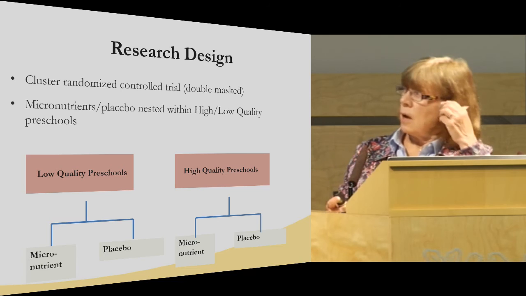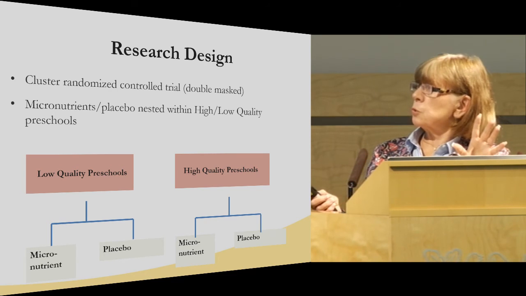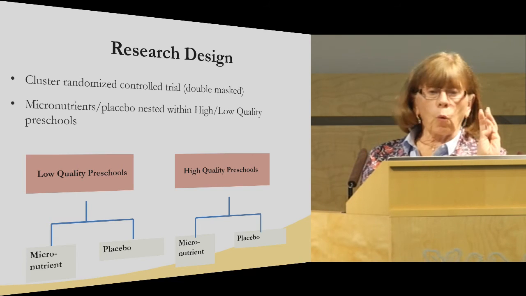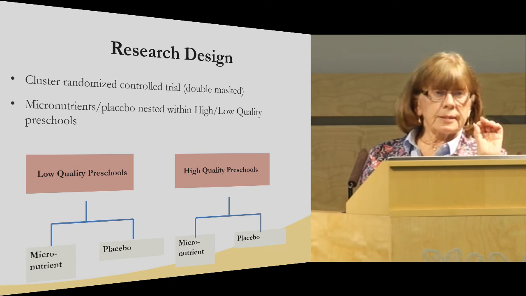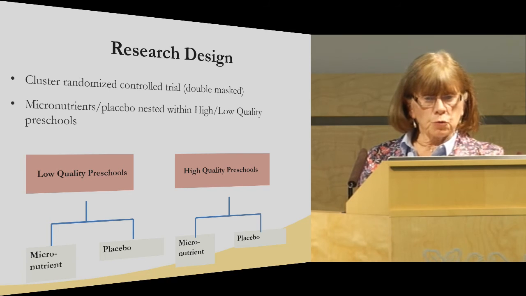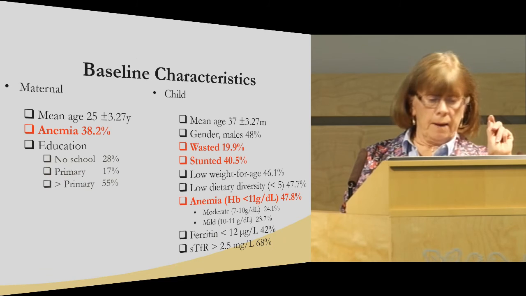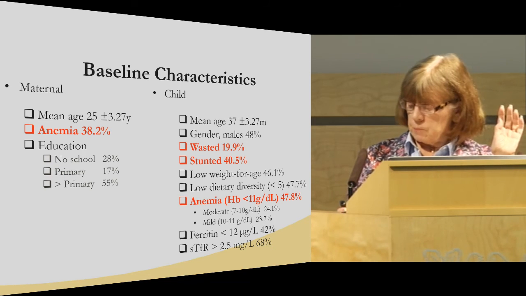So our research design was that child care centers or preschools come in all different qualities. So we characterized low-quality preschools and high-quality preschools, and then randomized that they got a fortification of either micronutrients or placebo within each. These are the baseline characteristics of our sample.